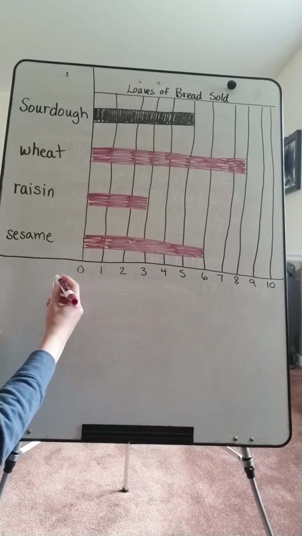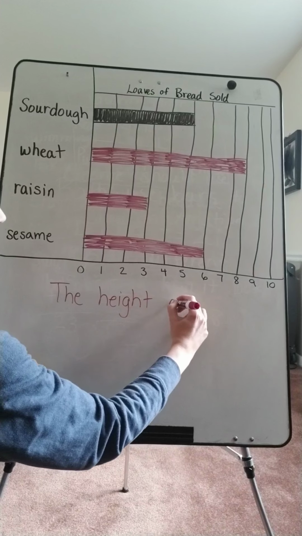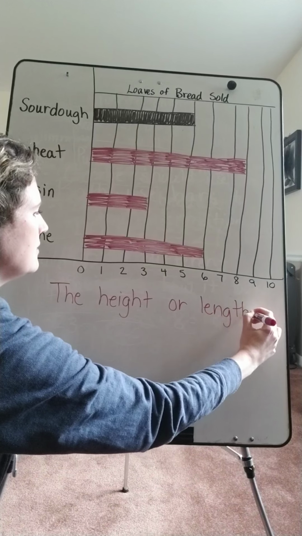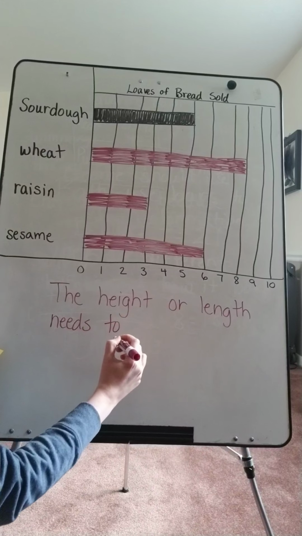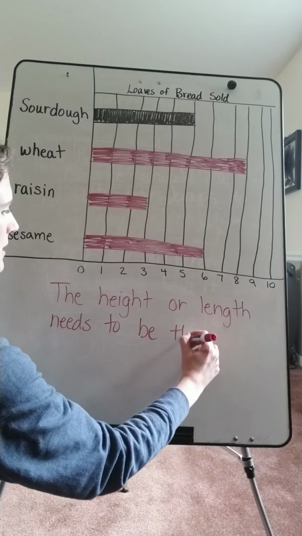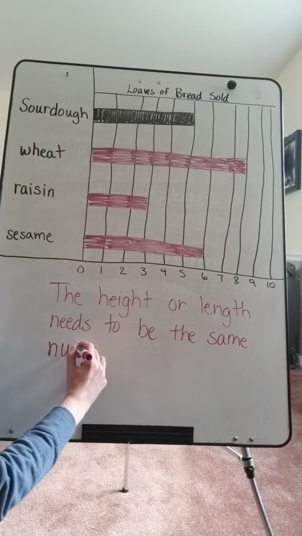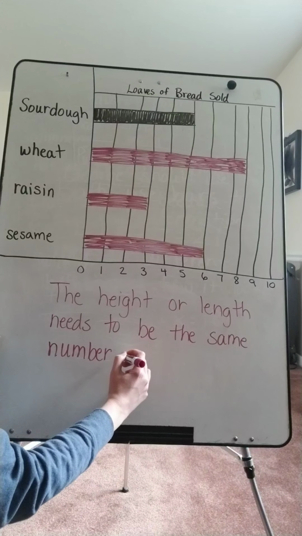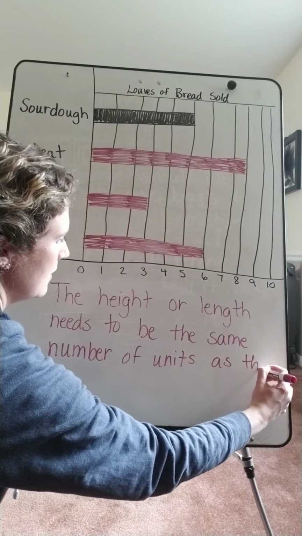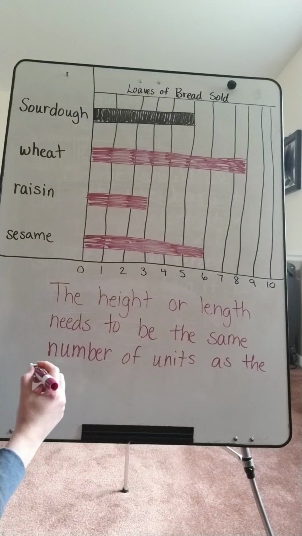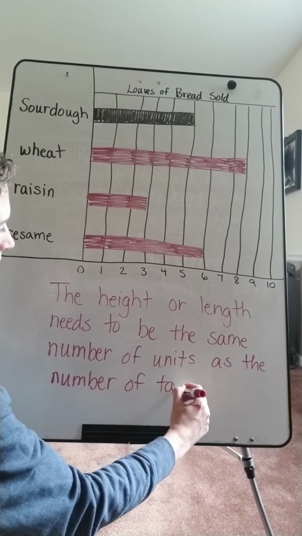So for number 4, we will put the height or length needs to be the same number of units as the number of tallies.